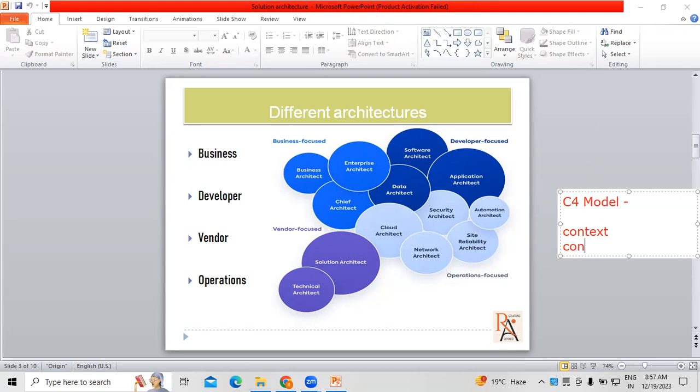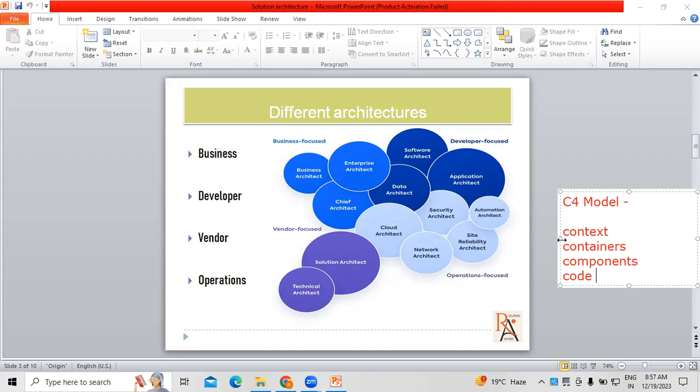Next, C stands for containers. C stands for components. C stands for code. This is what the C4 model stands for.